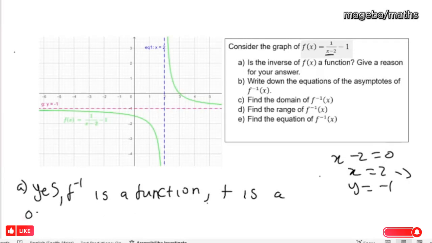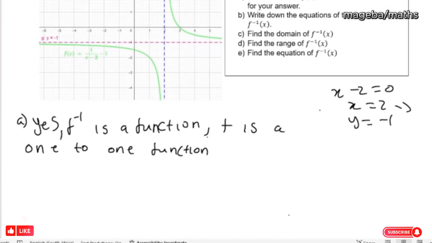I hope you know what a one-to-one function is. It's where we put the horizontal line, testing whether the line touches the function at more than one point. That's why this function is a one-to-one function.